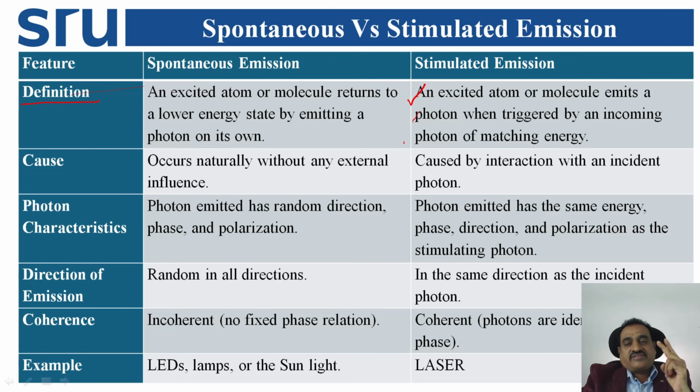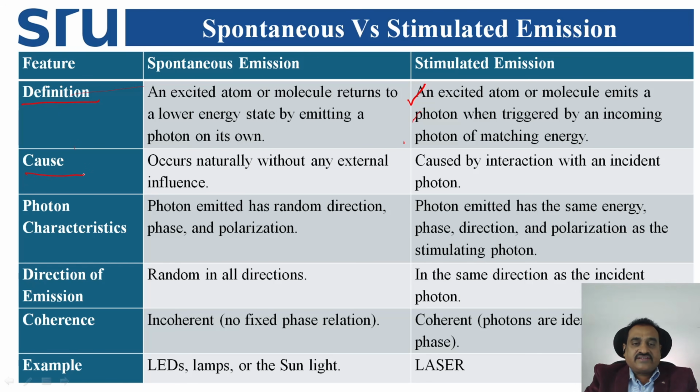It emits in this process two photons. The two photons have the same direction and same frequency. This process is called stimulated emission of radiation. An excited atom or molecule emits a photon when triggered by an incoming photon of matching energy.